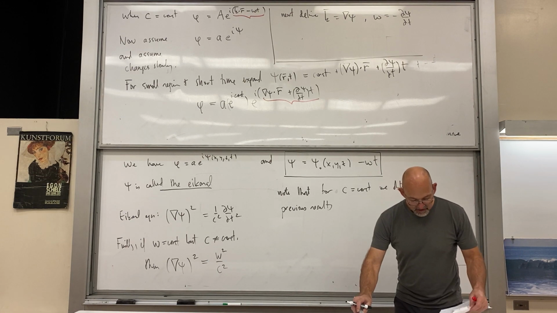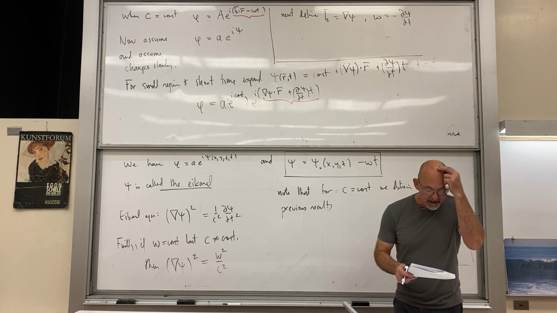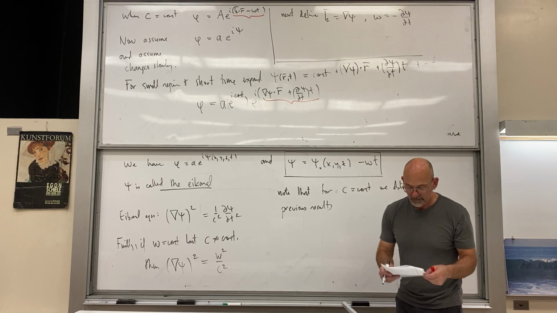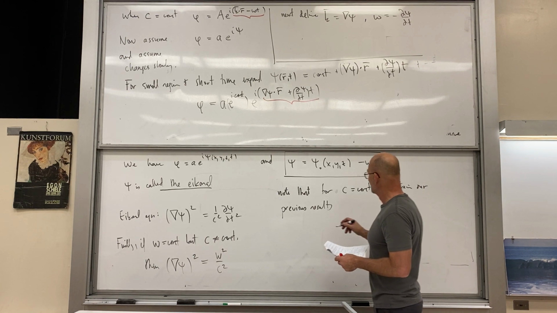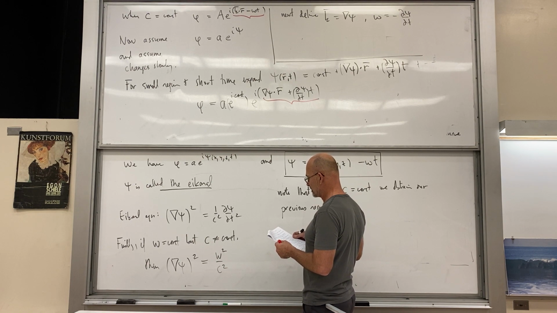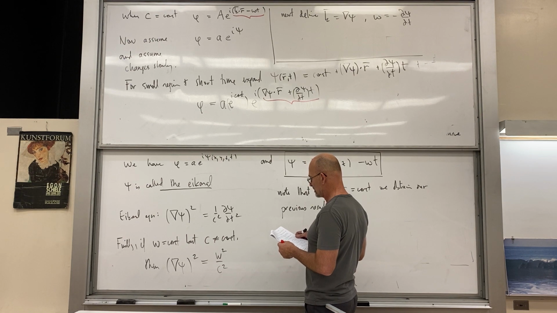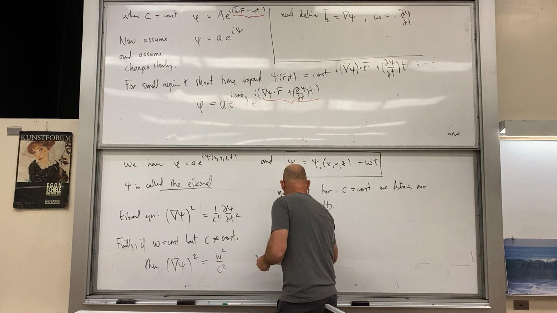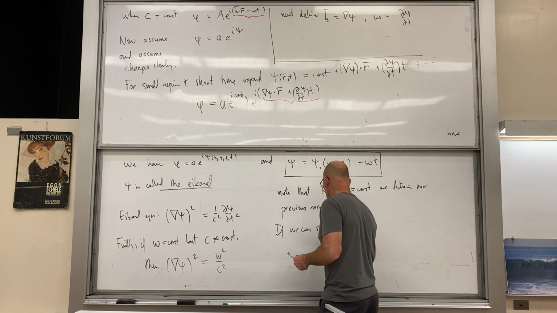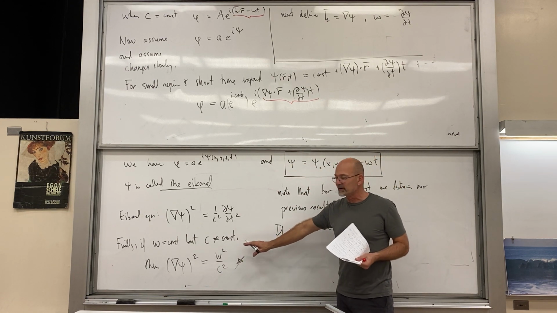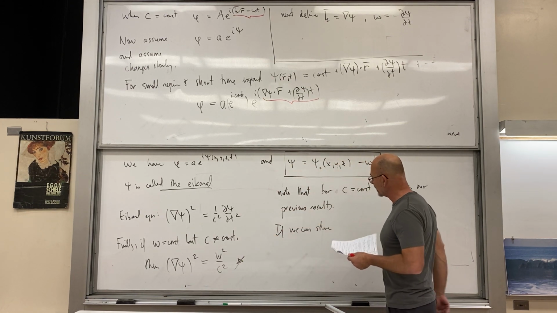Now comes the punchline, but I'm running out of time. Let's see here. So if we can solve the eikonal equation, it's just a nice short form of it, right? We don't have to write them all out, so it's gradient squared.